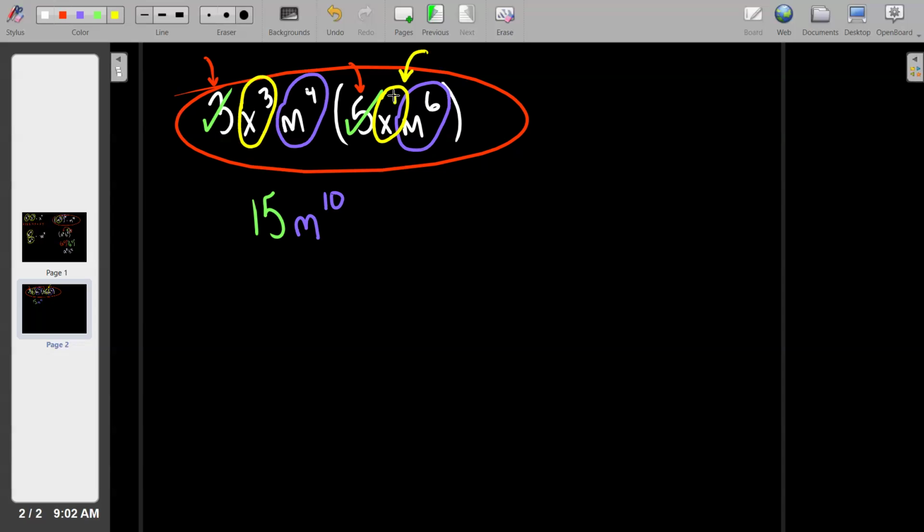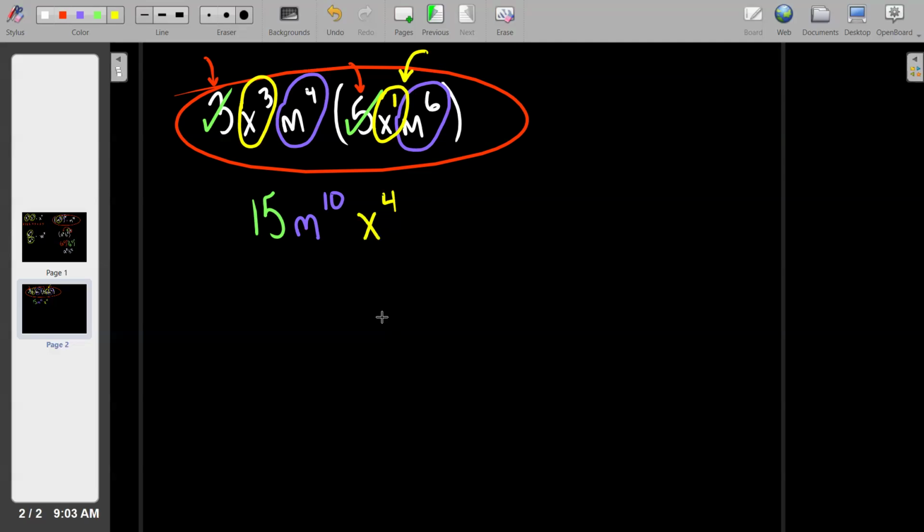If it helps you, put a 1 there, because x to the power of 1 may help you to see what we have to do. So if I take the yellow x's and multiply them together, what do I do with their exponents? I add them, and 3 plus 1 is 4. Got it?